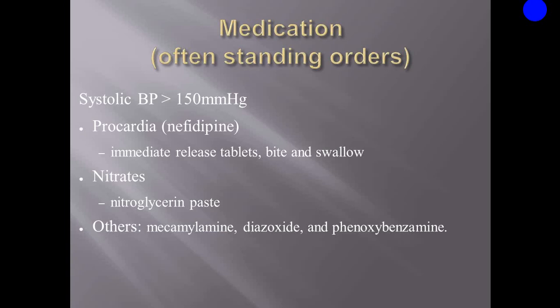We should give Procardia, which is nifedipine, as an immediate release tablet, bite and swallow, which gives rapid action and may relieve the crisis situation for the patient with autonomic dysreflexia.